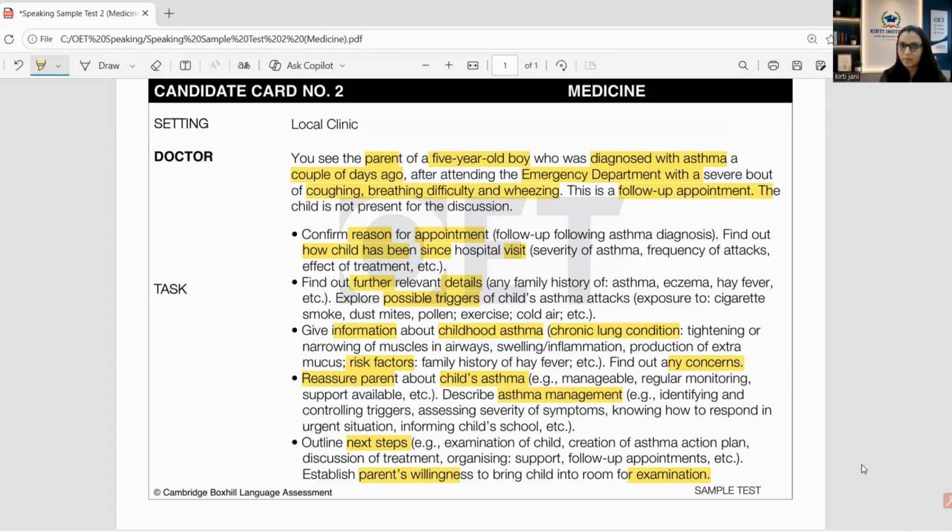So you know what a ligament is, what a tendon is, but how to explain it in lay terms? If you don't know, you may ask your interlocutor, what does ligament mean? Please help me to understand. Yes, you will not be penalized for that. You may ask for clarification.